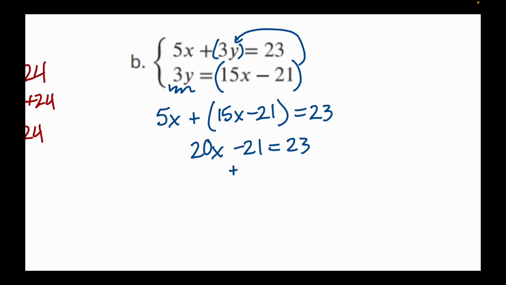So let's add 21 to both sides because that will remove the 21 over here. We'll have 20x equals 44. And so that means that x, when we divide both sides here by 20, is going to give us not quite a nice even number.